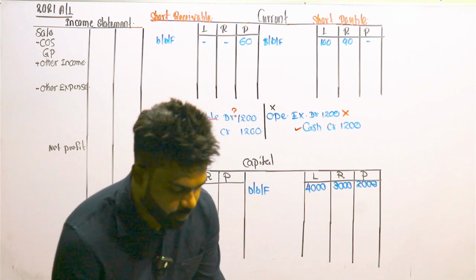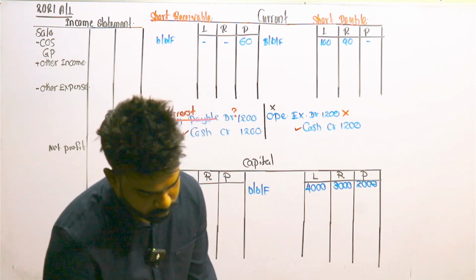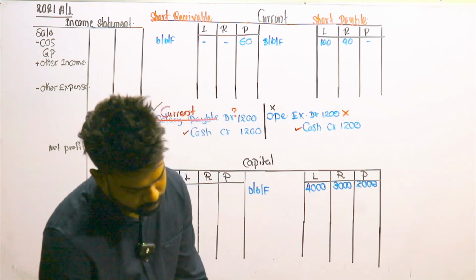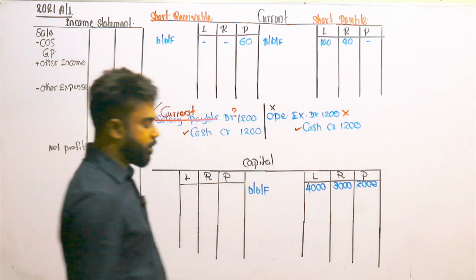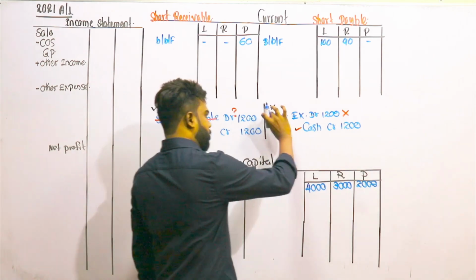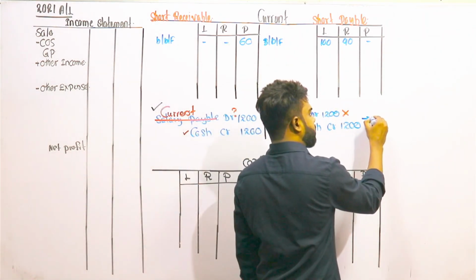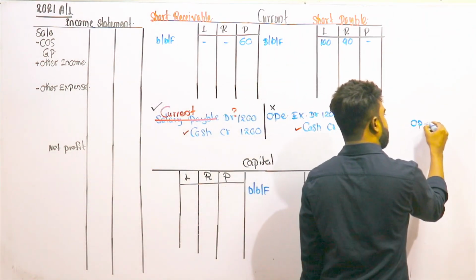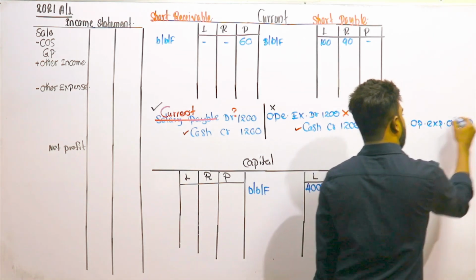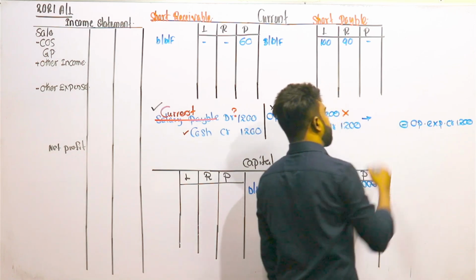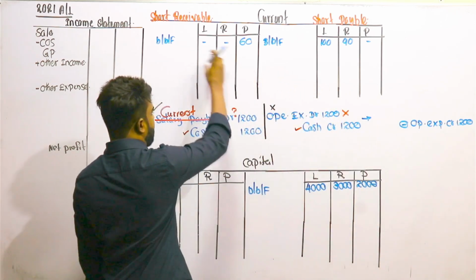How do we record it? From the operating expenses you have to credit it: operating expenses credit 1200. It is debited to which account? Salary paid should be debited to the current account.